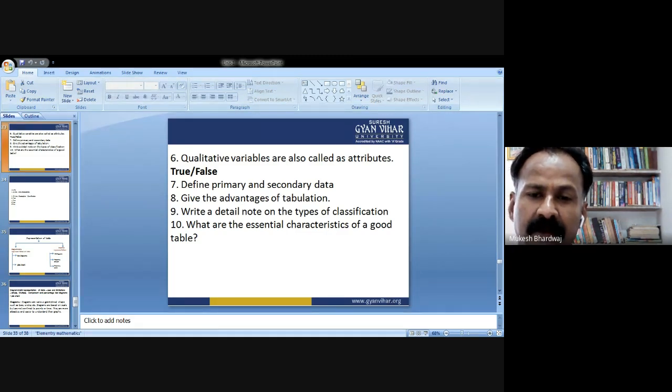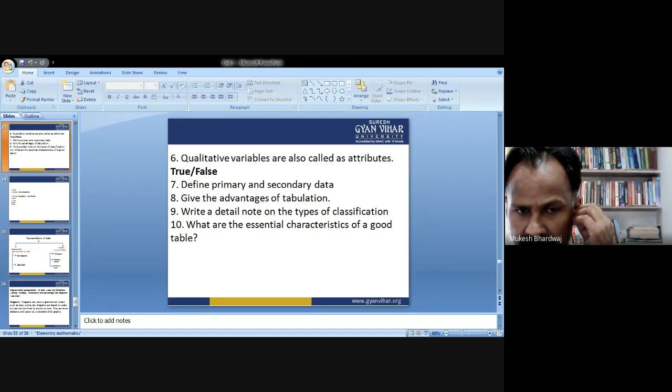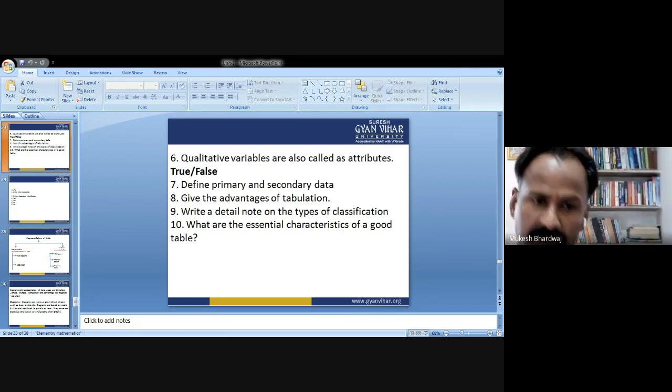I will ask for the solutions in the next class. Is it clear to all of you? Yes, sir. Sir, do we have to write these questions ourselves and mail them to you, or just look at them? You have to just note them down in your notebook.